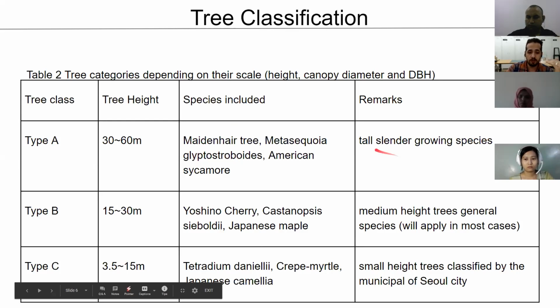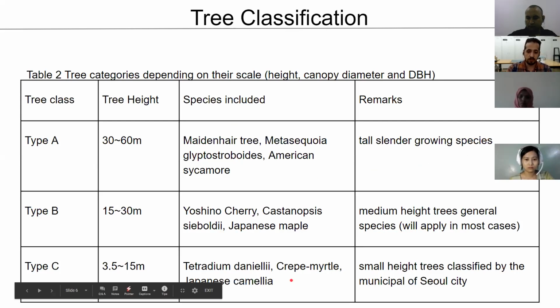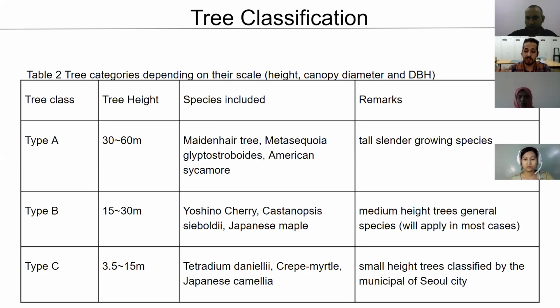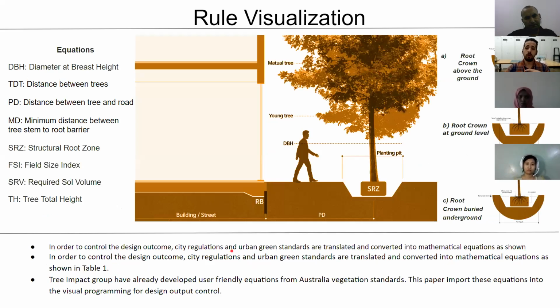And then what we did is to solve the problem of the proportion of the tree DH, depth to height, compared to the DH of the urban context, which is the depth to height of the street to the building. For the tree to be at least comparable and optimized with the urban street building height, we classified our trees into three classes.